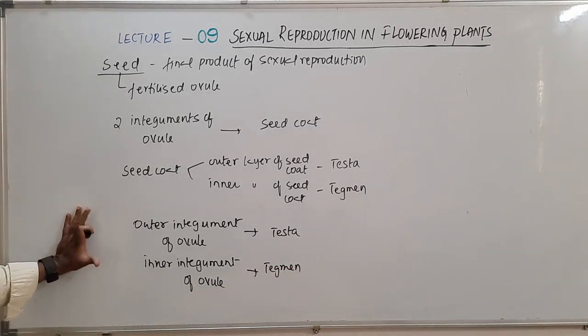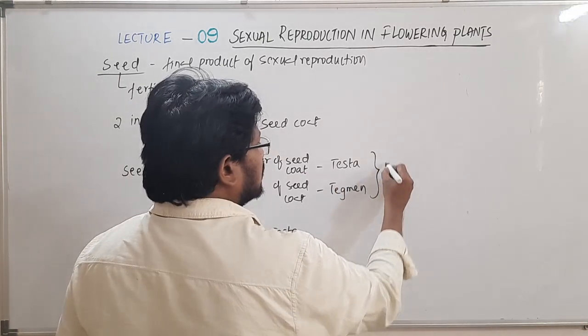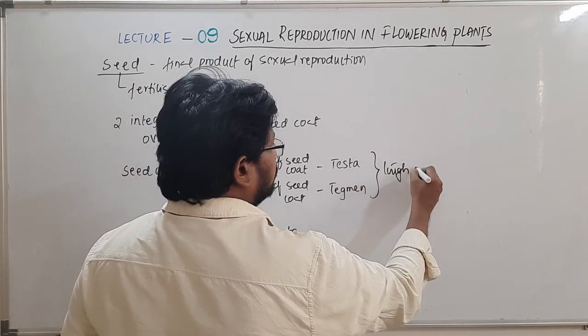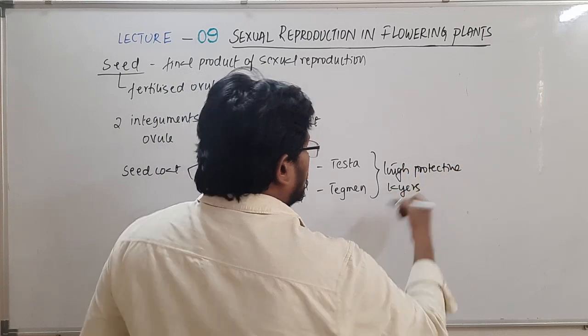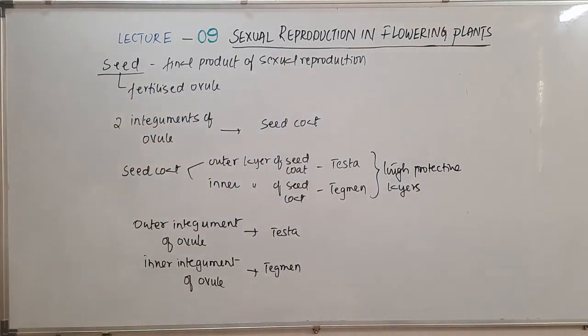And so of course these two will be the tough protective layers, protecting the embryo, either in case of the monocots or in case of dicots.